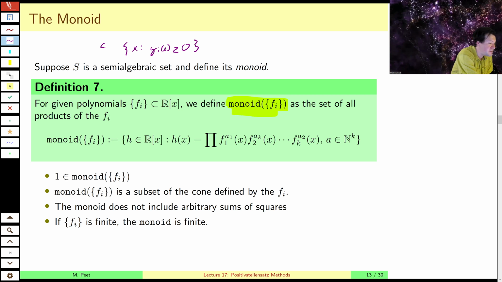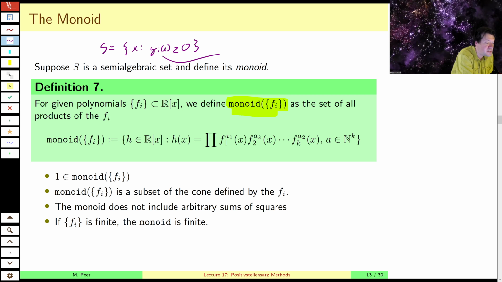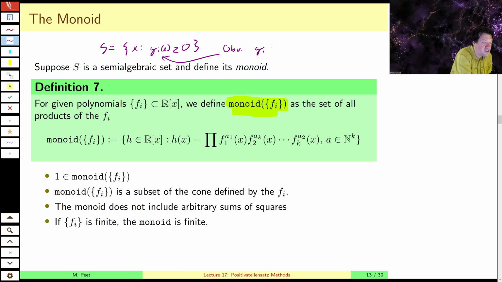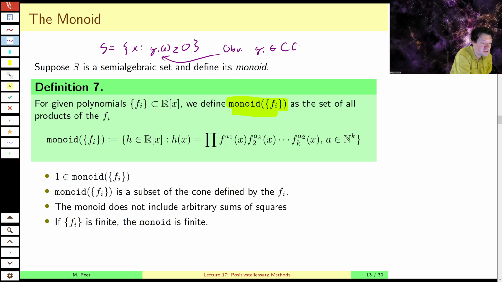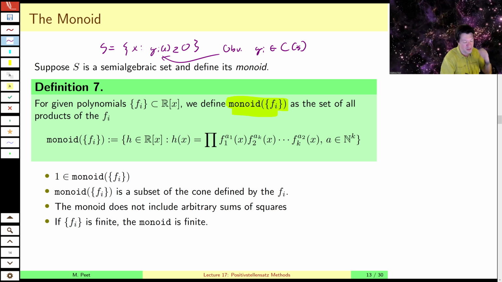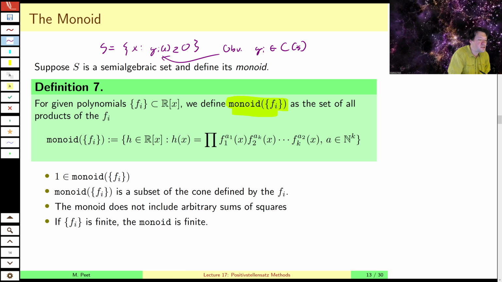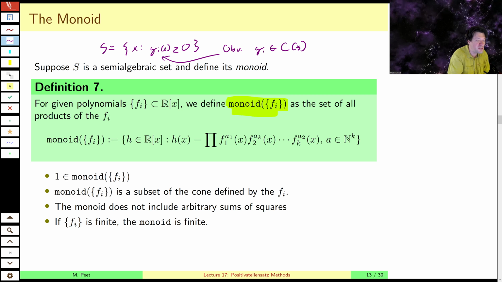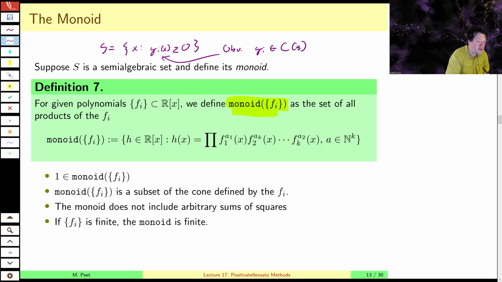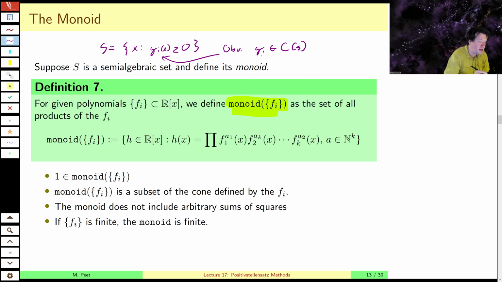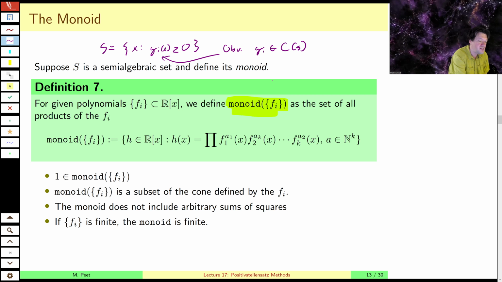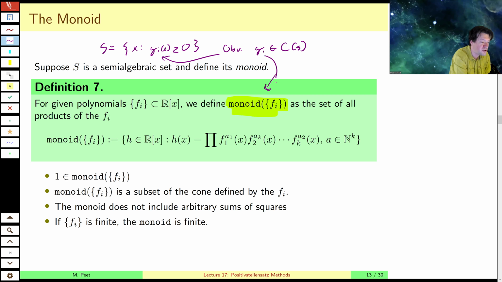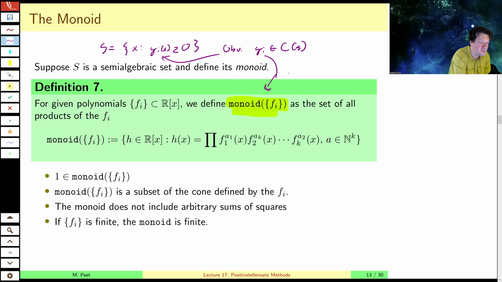So if this is our set, then obviously each of the gi's are valid inequalities, clearly, just by definition, right? So the monoid then is closing the set under products of those valid inequalities without including sums of squares quite yet. So this is closing these valid inequalities, starting with the definition of the set itself, under multiplication.